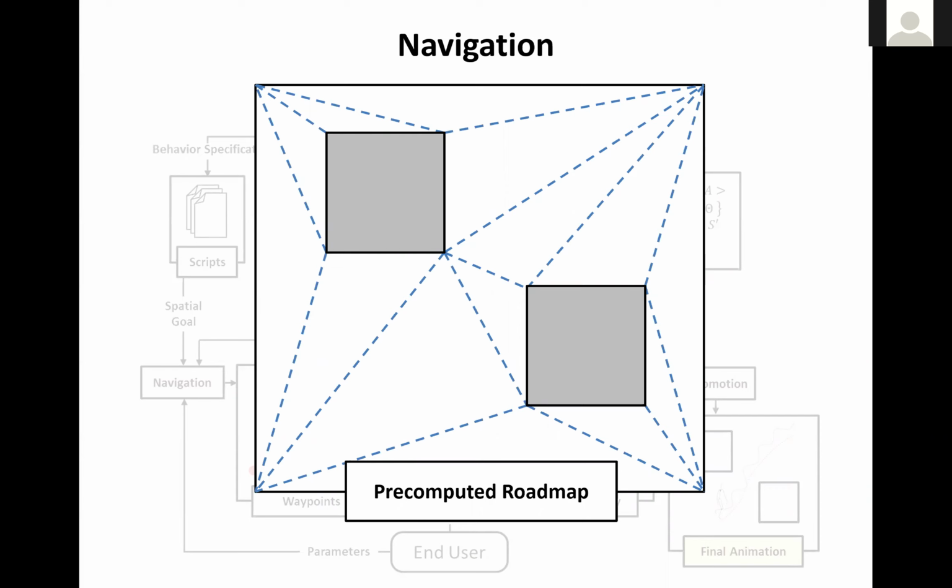There are algorithms that work on top of these pre-computed environment representations, which allow you to make efficient navigation queries. These algorithms provide collision-free paths that go from one location in the environment to another using some optimality criteria while avoiding both static and dynamic obstacles.